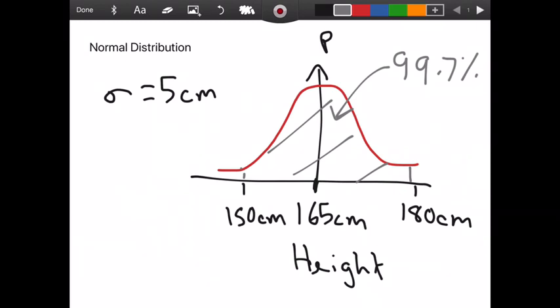So one of the really important things we need to be able to do is find probabilities using our normal distribution. Now you don't need to know a specific formula for this.